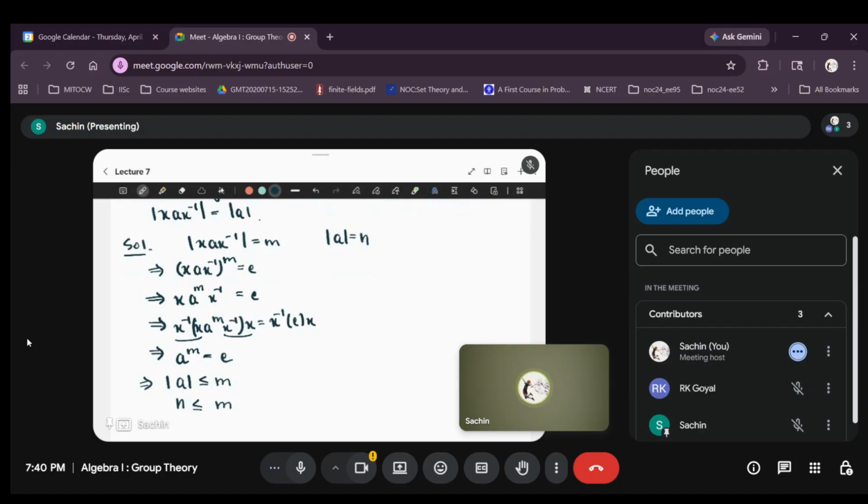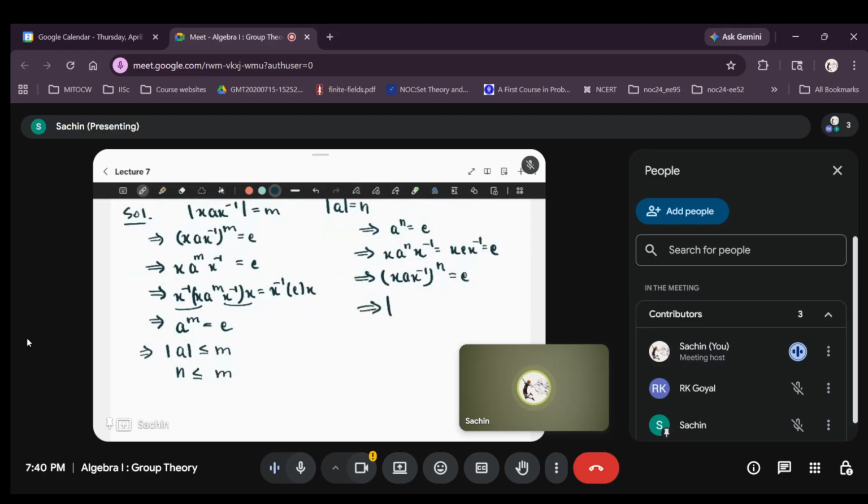Similarly, if the order of A is n, then A power n equals E, then X A power n X inverse is equal to X E X inverse, which is E. This we can write as XA X inverse power n is equal to E. Which means the order of XA X inverse is less than or equal to n.